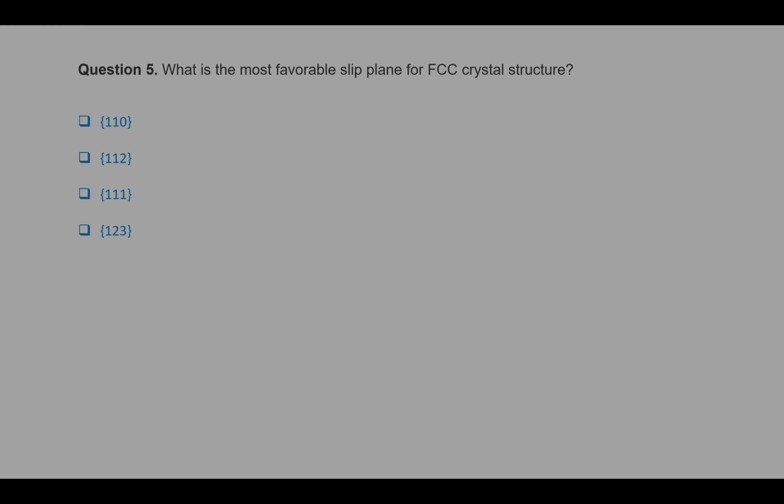As you know, in FCC, this 1 1 1 plane has an ABC, ABC kind of rearrangement. Hence, the answer is that the most favorable slip plane for FCC crystal structure will be 1 1 1.